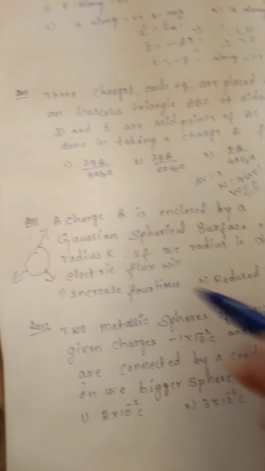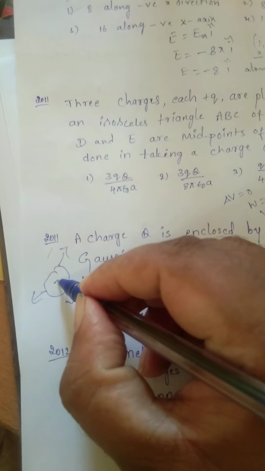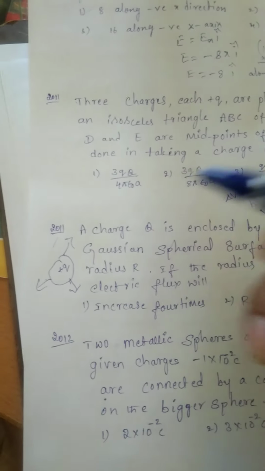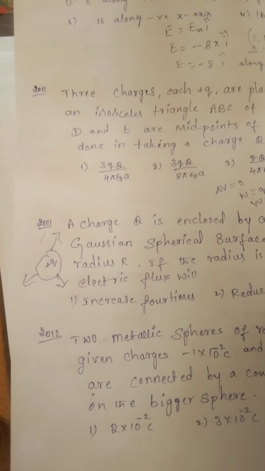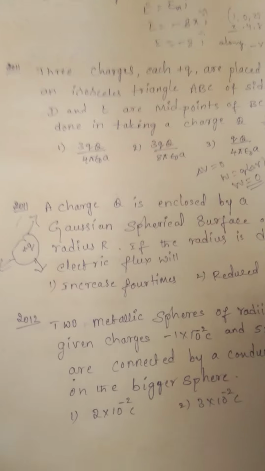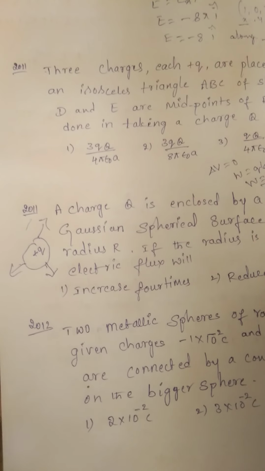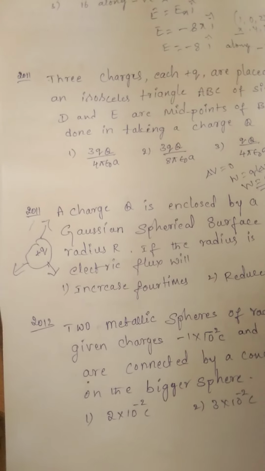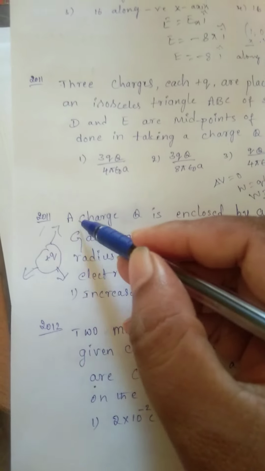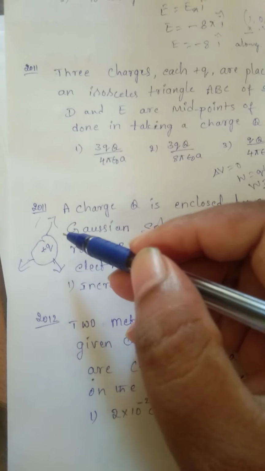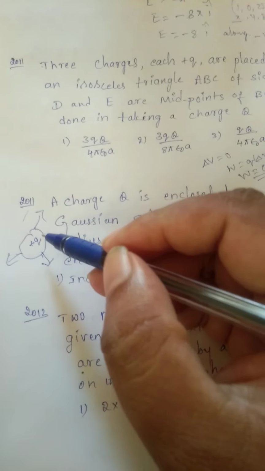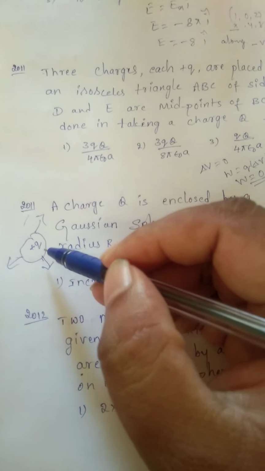Even if you place a charge inside the sphere, it means the charge has been enclosed by the Gaussian sphere. So according to the statement, the net flux over any closed surface is always equal to q by epsilon 0.